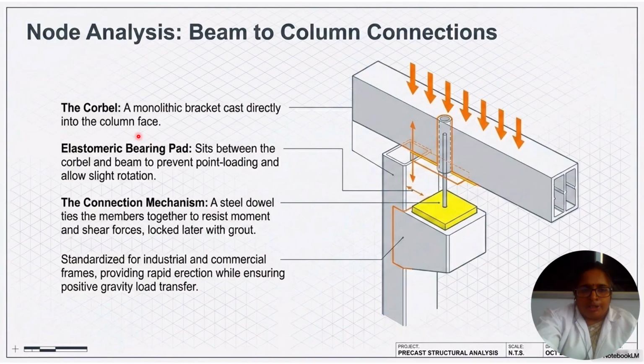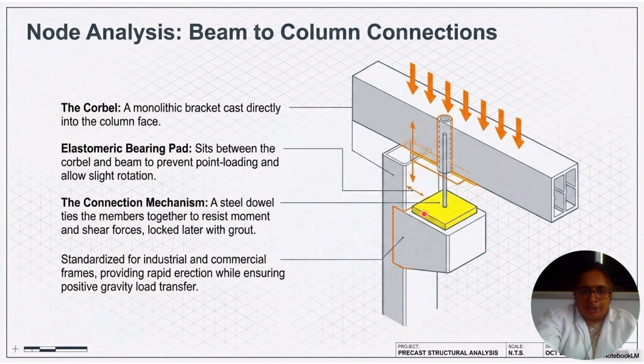The next is beam to column connections. The corbel is a monolithic bracket cast directly into the column face. It has an elastomeric bearing pad which sits between the corbel and the beam to prevent point loading and allow slight rotation.